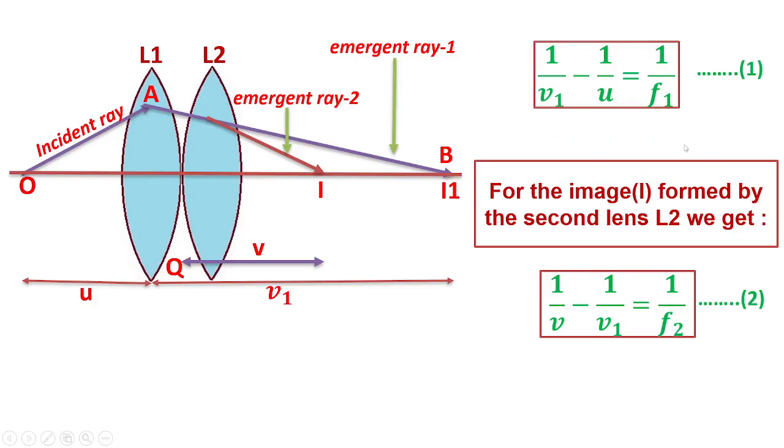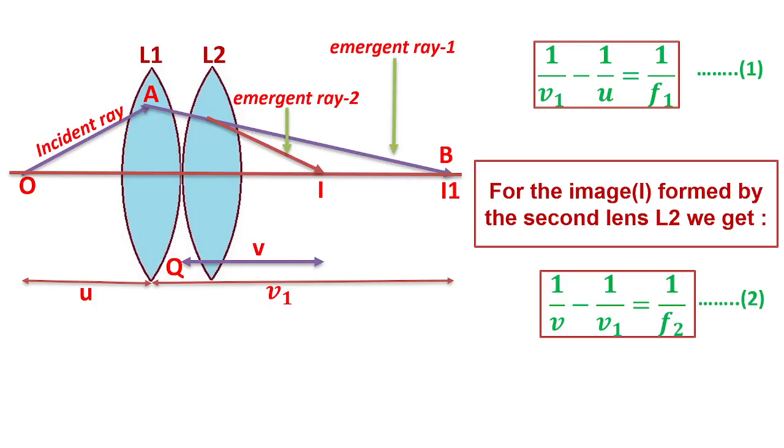Then another ray, that is emergent ray 2, comes into existence, forming image I. So for lens L1, image formation I1 takes place, and for this image I1 there is an object O. But the image I1 is a virtual object for this lens L2. Formation of I takes place.